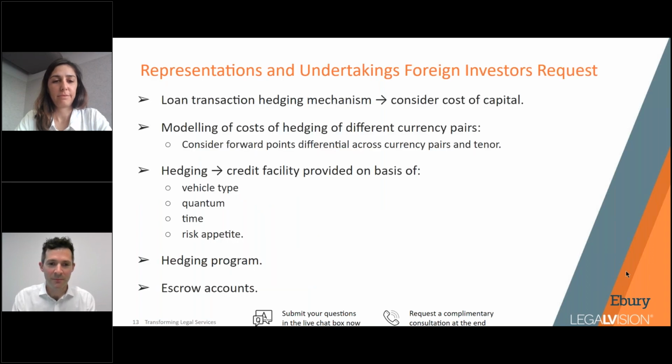In terms of the actual loan transaction and hedging mechanism, you do want to consider the cost of capital. One of the things that we see at the moment is Japanese investors have a very strong appetite to invest in Australia, but on the whole, a lot don't have much confidence in the strength of the Australian dollar over the next 3 to 5 years, mainly because Aussie yen is at the higher level of the trading range that it's traditionally traded at.